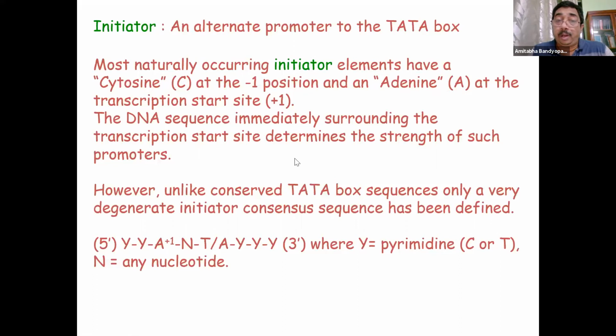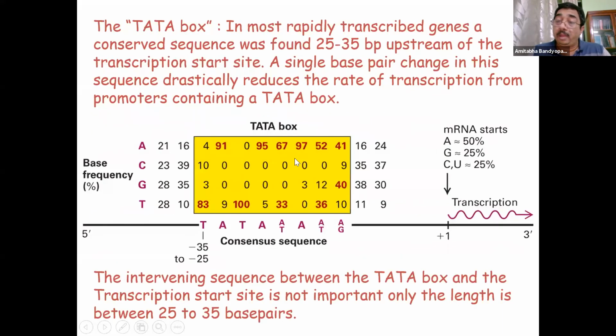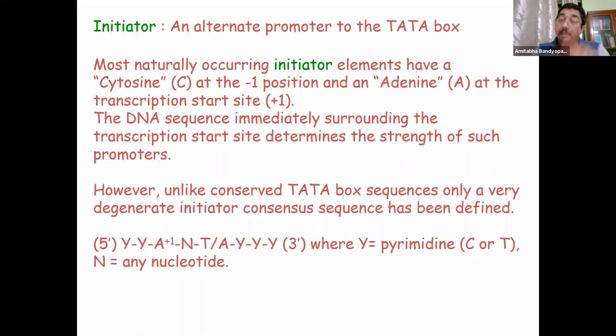In promoter, the sequence between the Tata box and the transcription start site, this sequence really doesn't matter. You can change it in every which way and transcription will happen just like that. But in initiator, the surrounding sequence is very, very important. The initiator sequence per se is very degenerate, but the surrounding sequence is very, very important.